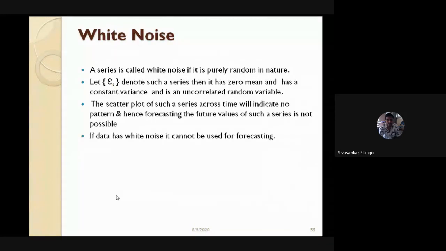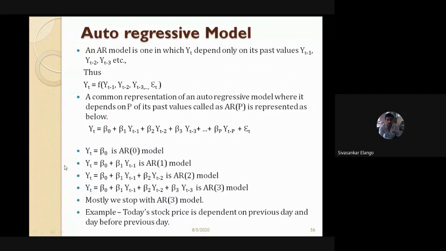The scatter plot of white noise data will indicate no pattern, and hence forecasting the future value is not possible.